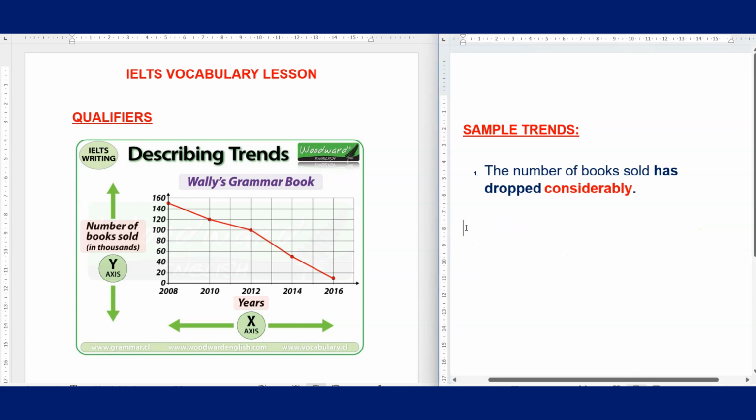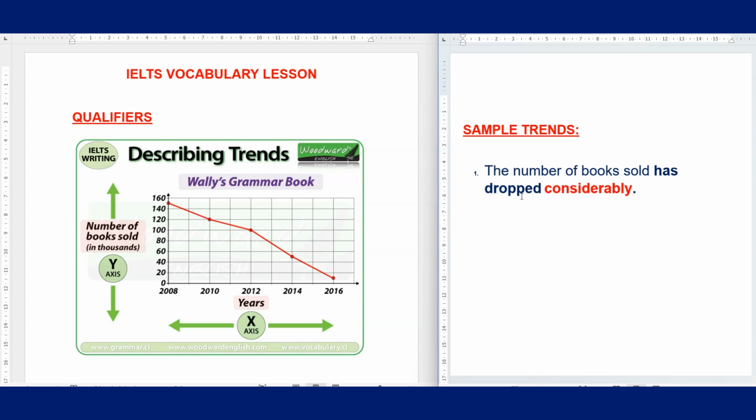As you can see, the word considerably was placed after the verb. Because considerably describes what is happening to the verb. It describes the quality of the verb drop.